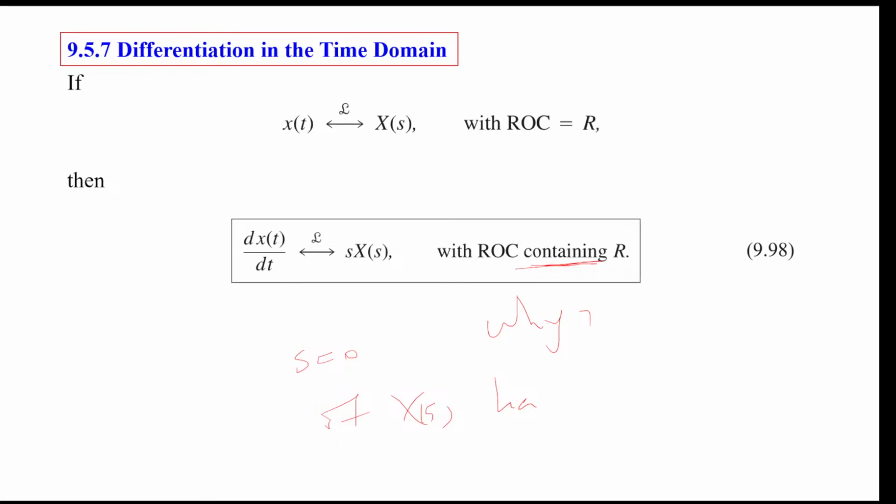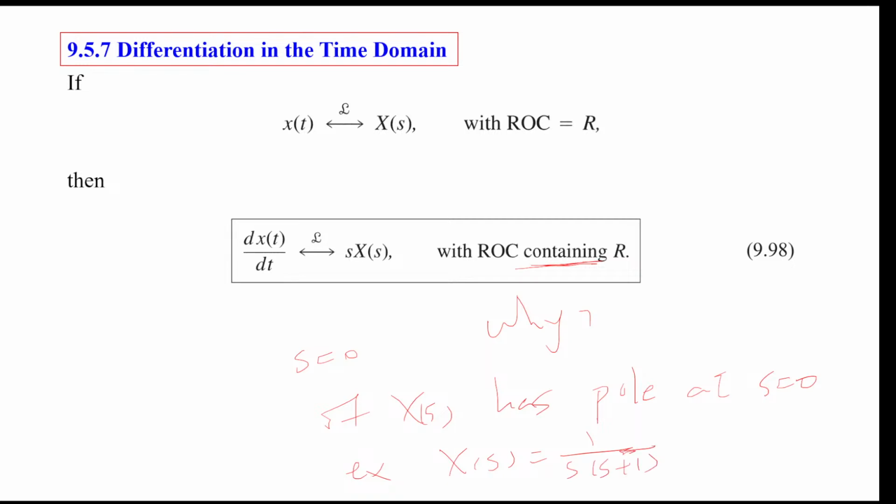Okay? So if X of S has a single pole at S equal to 0, then multiplying by S can make your ROC larger. So for example, maybe your X of S equals 1 over S times S plus 1.